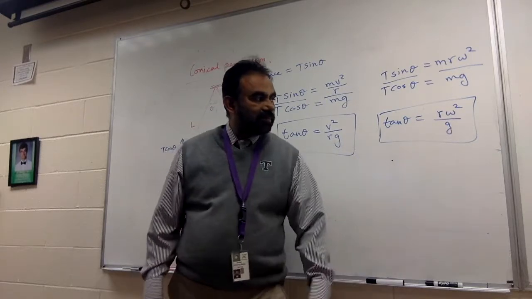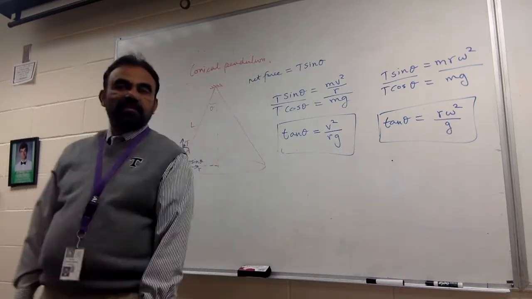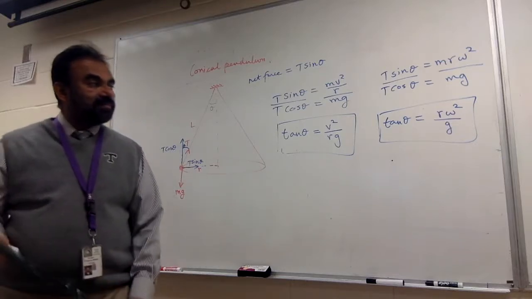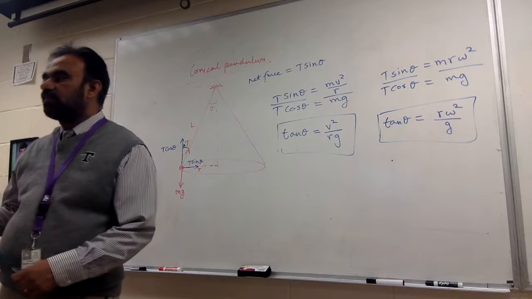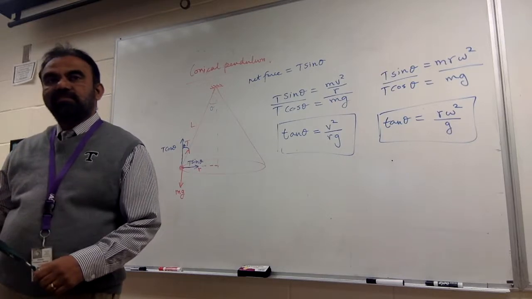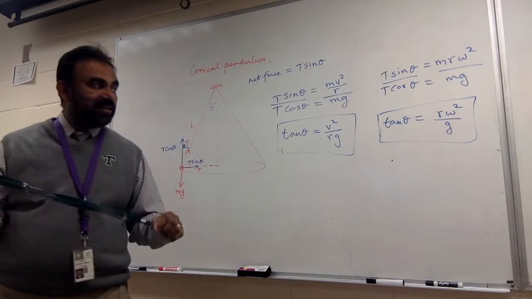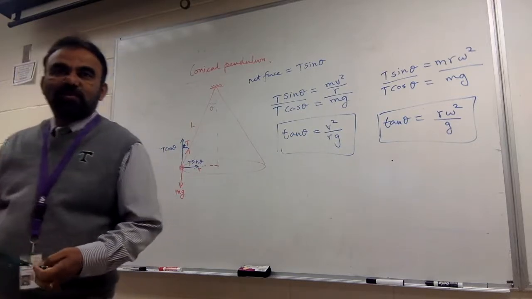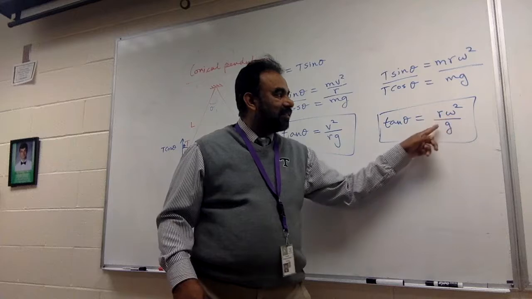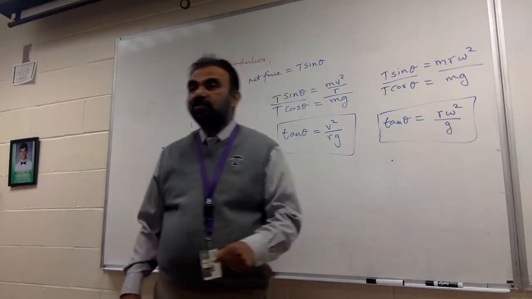So if the centripetal acceleration is exactly the same as gravity, exactly equal to 9.8, so if this is 9.8 and that's also 9.8, what should be the angle?